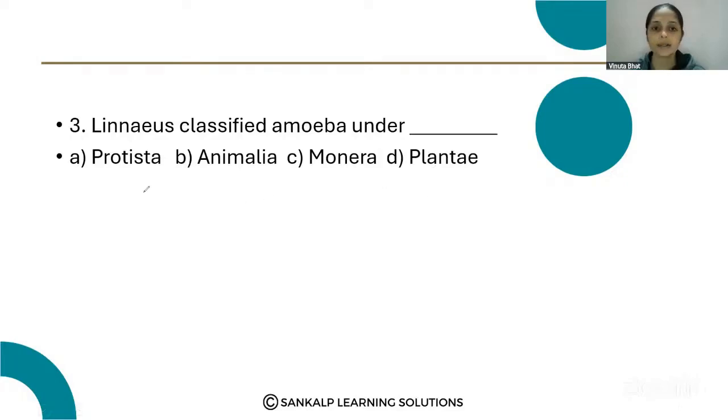Amoeba is unicellular, but it is not performing photosynthesis. If it were performing photosynthesis, it would come under Plantae, right? The correct answer is Animalia. Option B, Animalia. Linnaeus classified the amoeba under Animalia.